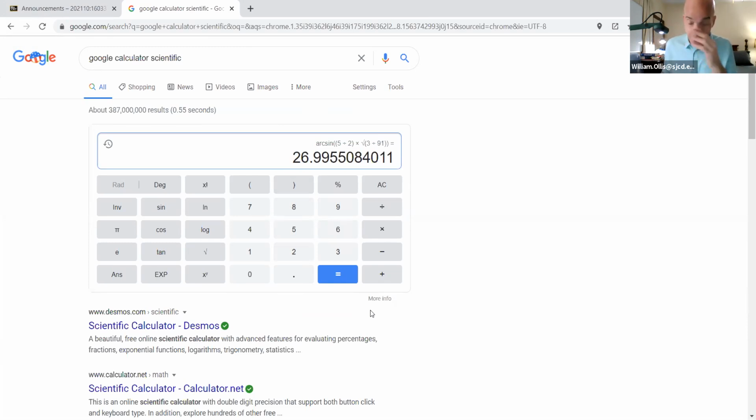Now, I'm just going to stay on this screen, and I want you to write in your notes that angle A will simply be 180 degrees minus 120 plus the inverse sine of 5/2 times the square root of 3/91. That's exact. Now here's what you can do. We have this beautiful approximation here that's run out to like 10 decimals.